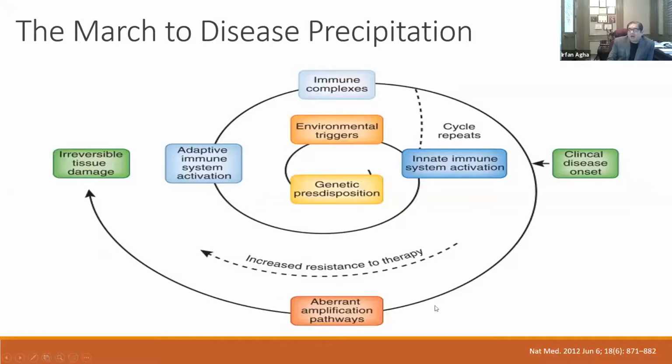There are pathways that are aberrantly amplified, which leads to organ system disease and also to progressive difficulty in treating them with immunosuppressive therapy, and eventually irreversible tissue damage can happen. It does happen, and we deal with this all the time.